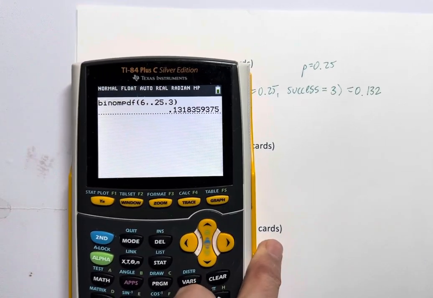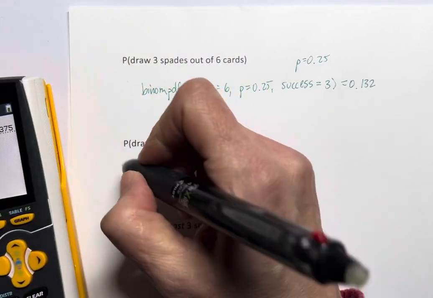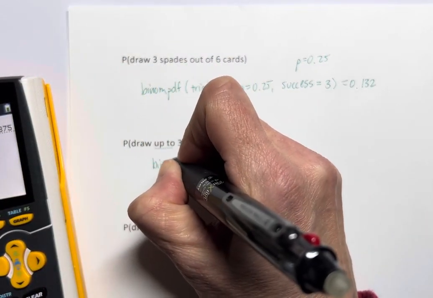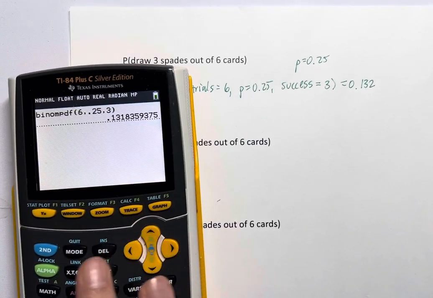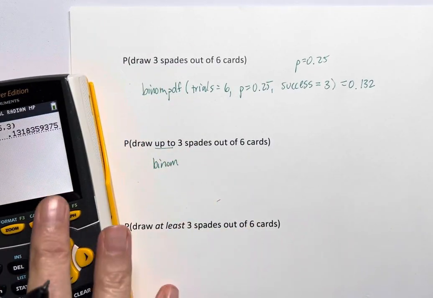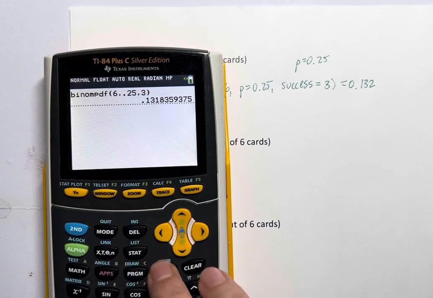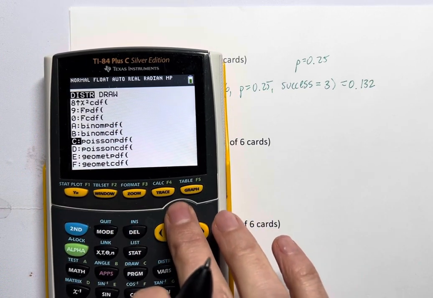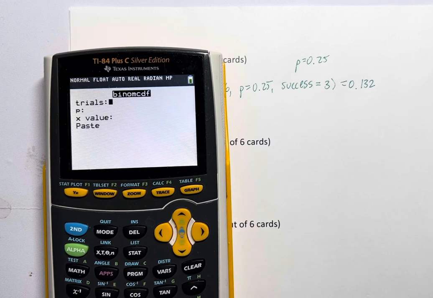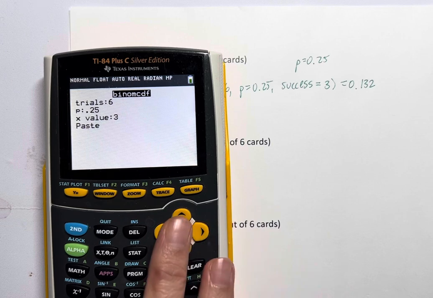So going back in here, again, this is still binomial. And this time, though, because we're counting our way up to that 3, we will do the second vars again. We will do a binomial CDF, trials 6, probability a quarter, X value 3.